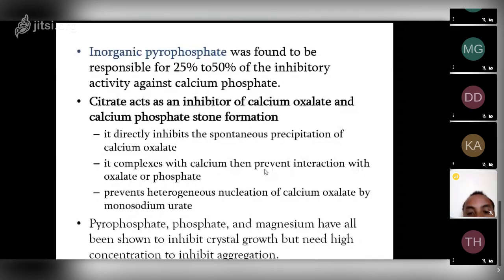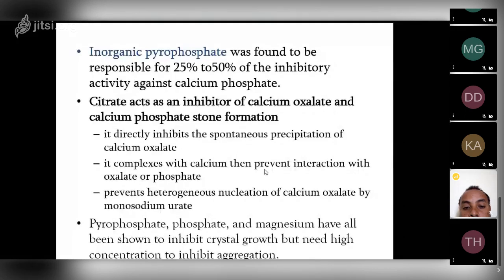There are different inhibitors that prevent stone formation. Inorganic pyrophosphate was found to be responsible for 25 up to 50% of inhibitor activity in calcium phosphate. And citrate is also an inhibitor of calcium oxalate and calcium phosphate stone formation by different mechanisms. The first is it directly inhibits the spontaneous precipitation of calcium oxalate.